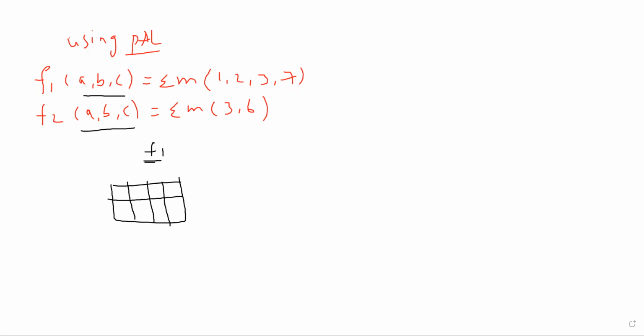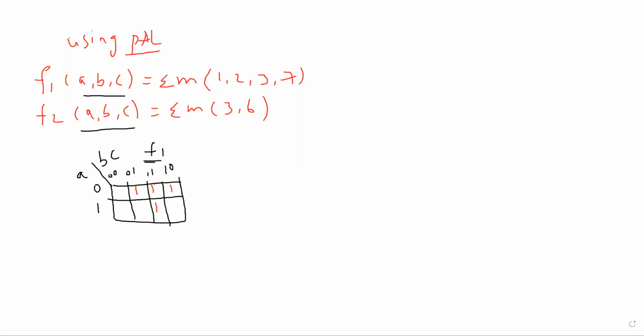Now let us consider a b c. This is 0, this is 1, this is 0. Now I'm going to substitute in the positions of 1, 2, 3, 7. This is the first position, this is the second position, this is the third position, and this is the seventh position.